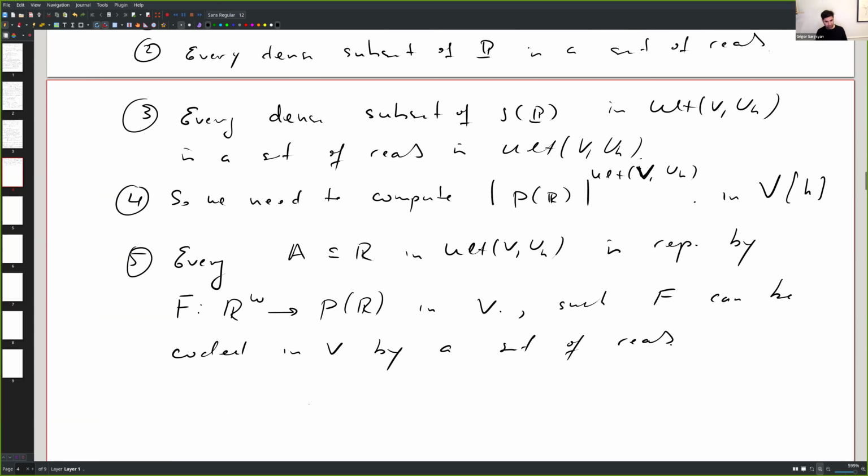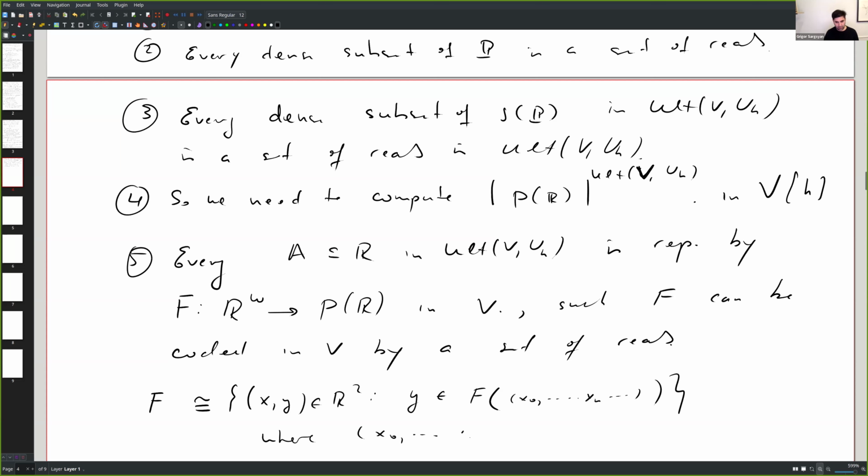How? Well, F is equivalent to the set of pairs (x,y) in R^2 such that y is in F. I'm thinking of x as giving me omega many reals, x_0 through x_n, where the sequence x_0, ..., x_n in R^omega is coded by x.